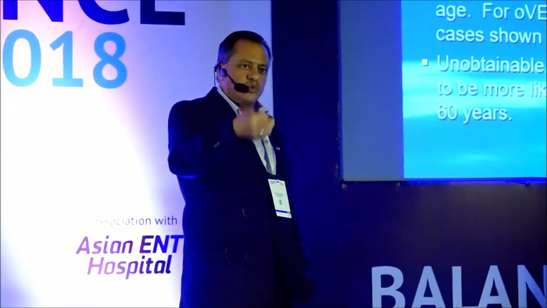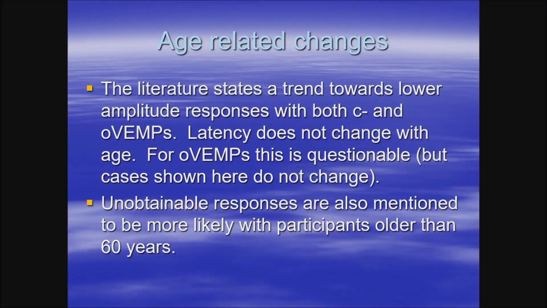You need to examine your normal physiological population with regards to the elderly age group to determine in your laboratory how it changes. My personal opinion is that you can record VEMPs in elderly people, and I will show you examples of this. You just need to know in your laboratory how it changes. Everyone agrees that amplitude drops.